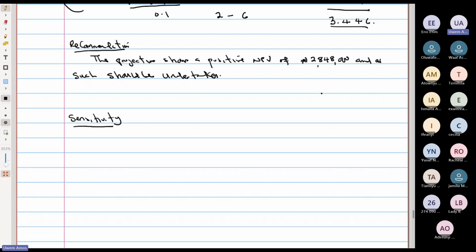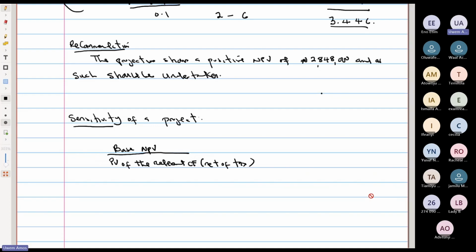So how do we determine the sensitivity of a project? The formula is pretty straightforward. It is your base NPV, in other words, whatever your NPV calculation is, divided by the present value of the relevant cash flow net of tax.